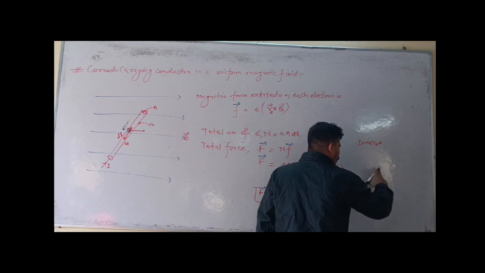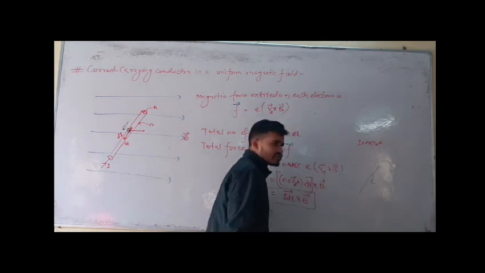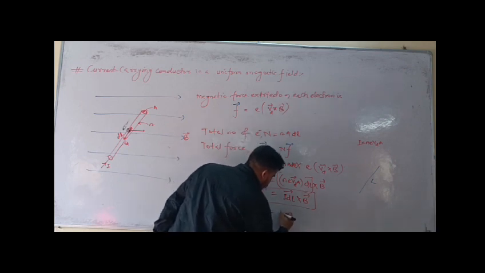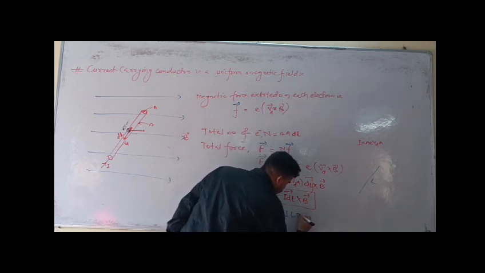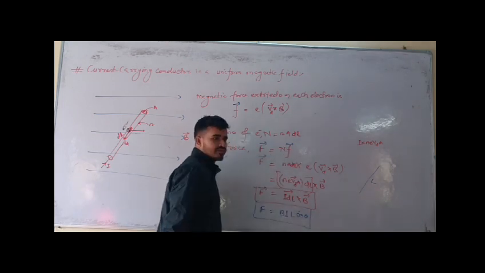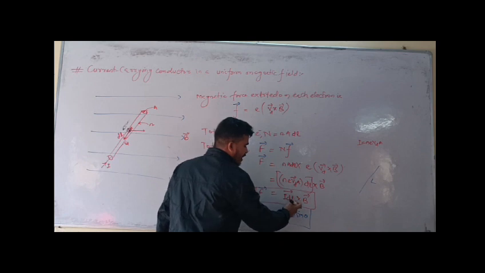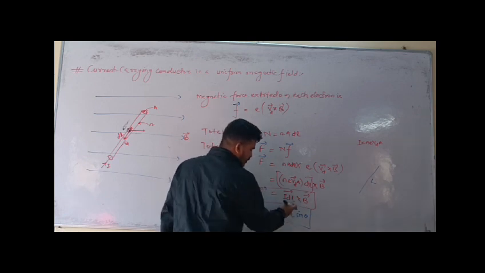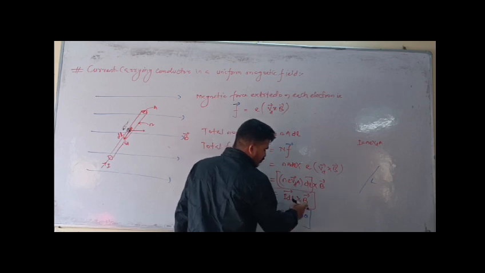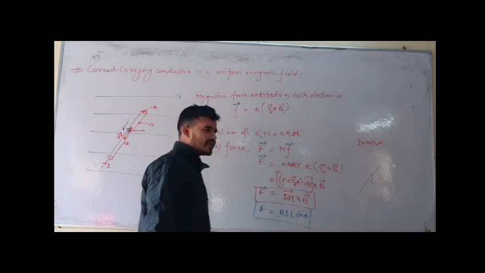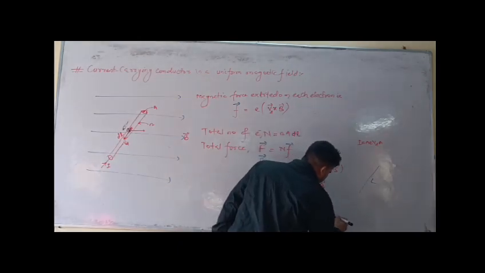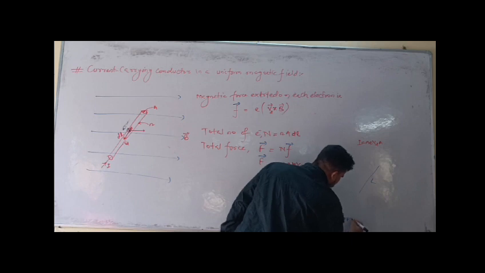If you know the entire length, you will put L. In place of dl, the magnitude will be BIL for L length, because I dl will be what? dl will be L, I is I, B is B, and because of the cross product it will have sin theta. This is in scalar form, meaning magnitude.